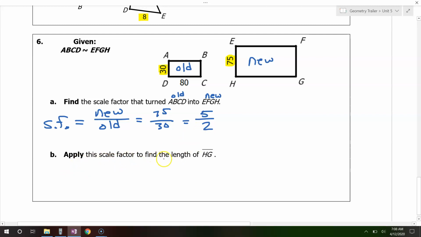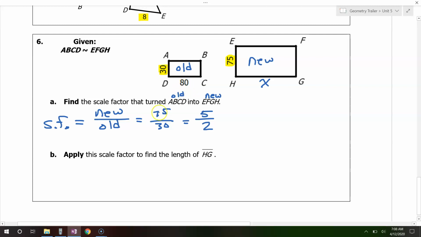Now apply this scale factor to find the length of HG. So the length of HG is right here, like X. Remember, if you want to turn an old length into a new length, all you have to do is multiply by the scale factor.